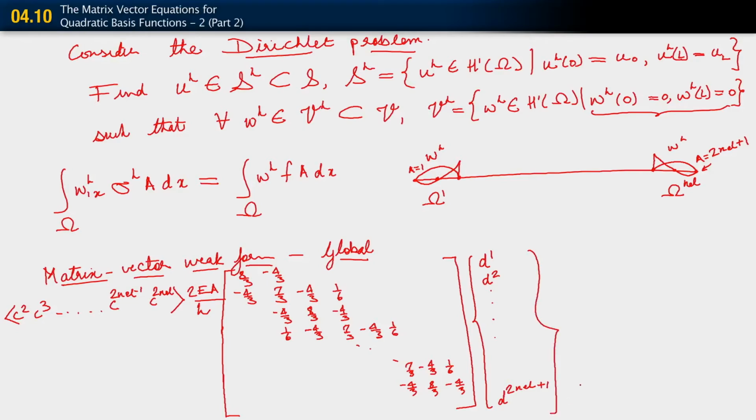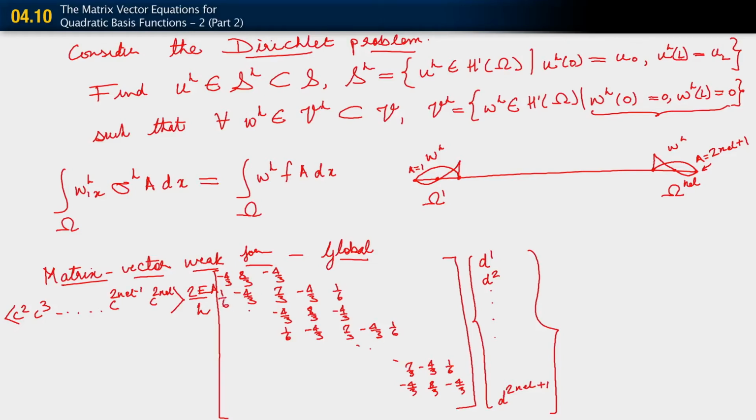Actually, I realized that I do need another column here. Sorry, let me just put it in here. I do need another column here, which is minus 4 over 3, 1 over 6.